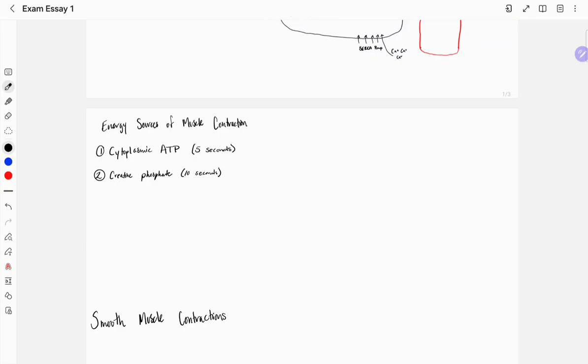But as we know, sometimes we need to engage our muscles for longer and have longer contractions. So we have 2 other energy sources we'll talk about. The third one is glycolysis from glycogen stores in the muscle.